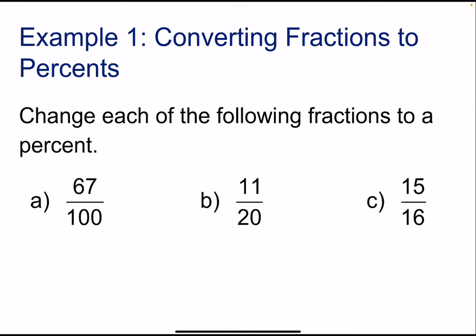So let's see, 67 over 100. Really, here we don't need to do anything because by definition, this is 67%.